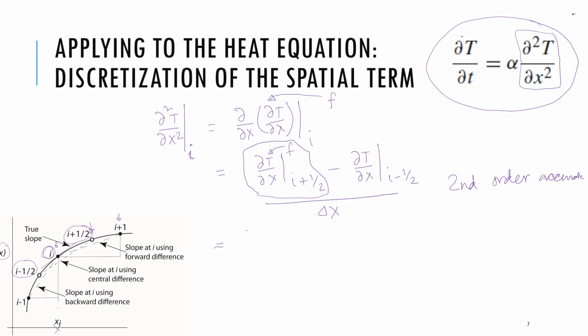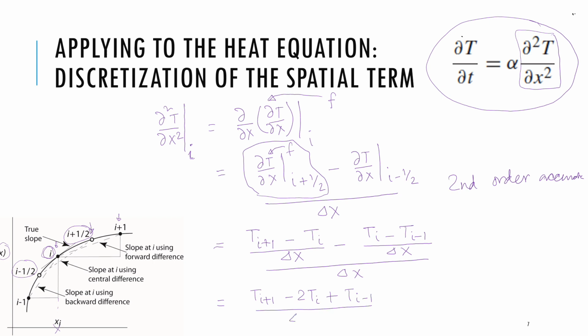So this is equal to (T_{i+1} − T_i) over Δx minus (T_i − T_{i−1}) over Δx, all over Δx. So this is equal to (T_{i+1} − 2T_i + T_{i−1}) over Δx squared.